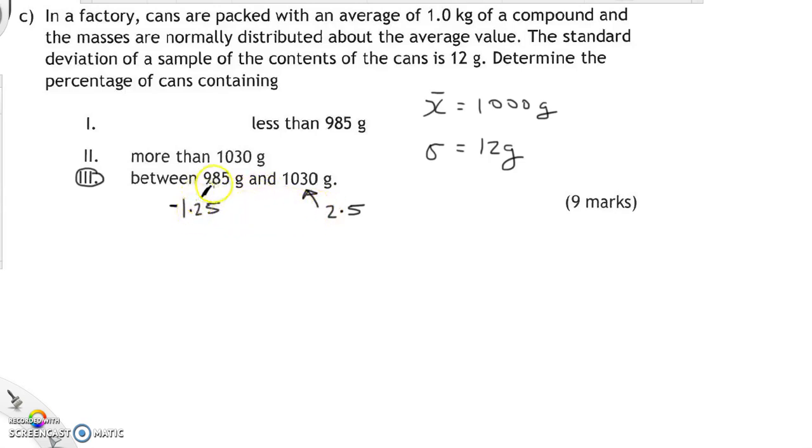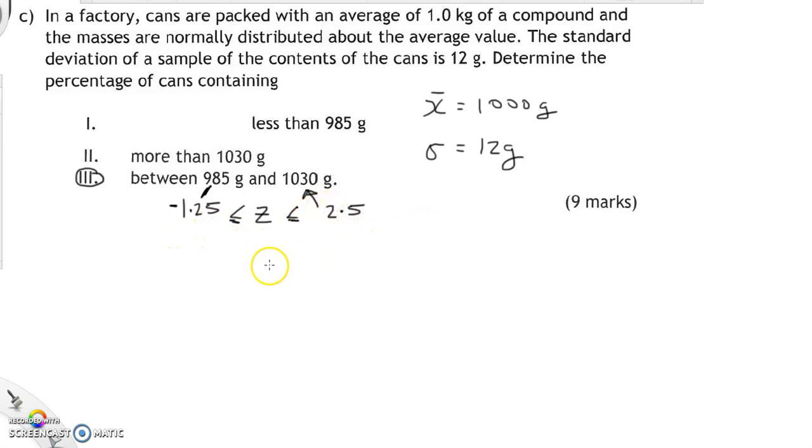When these are standardized, that's what we call this, we standardize these two weights into Z scores. So we need to get the probability first that Z is less than or equal to 2.5, and greater than or equal to minus 1.25.